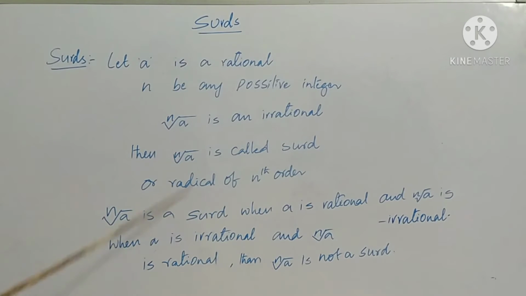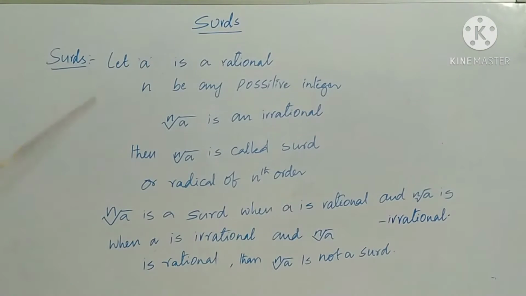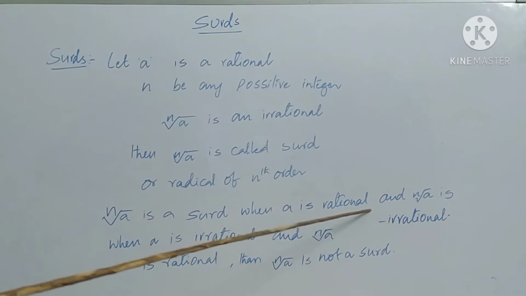These are the conditions for when the given number is a surd. Here the nth root of a is a surd when a is a rational number and the nth root of a is irrational. When a is a rational number, the nth root of a is irrational. This is the condition.